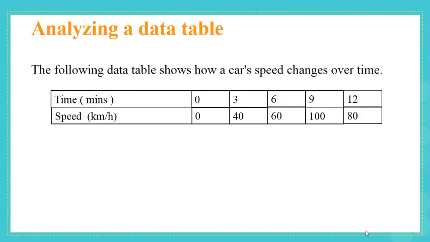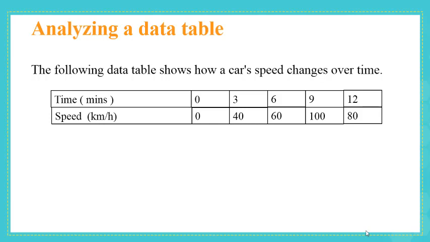Analyzing a data table. The data organized in a table can be analyzed by following the same steps of analyzing the data represented by a graph. For example, the following data table shows how a car's speed changes over time. Before starting with analysis, surely this table has a title. What is the general form of a title? The general form of a title is the variation of the responding variable with respect to the manipulated variable.